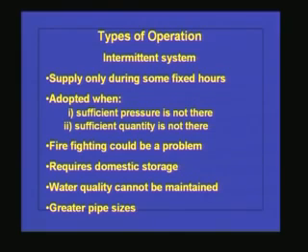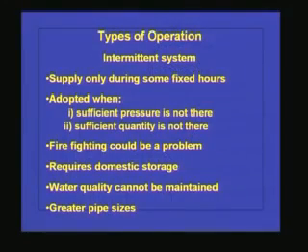It also requires some amount of domestic storage, because you are supplying water only during a few hours, but you need water throughout the day. So at the domestic level you need storage, and because the system operates for only a few hours a day, the water quality cannot be maintained adequately in an intermittent system if you are not careful.